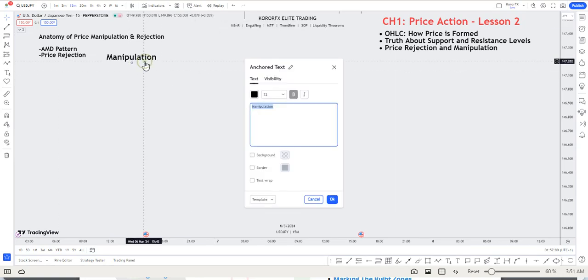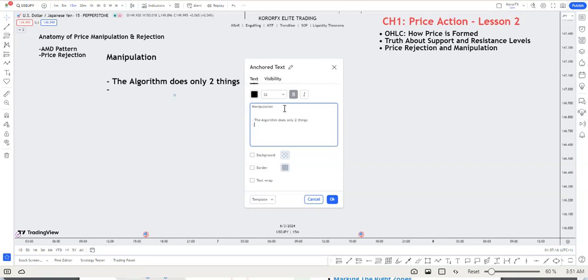Let me explain this. The algorithm does only two things.